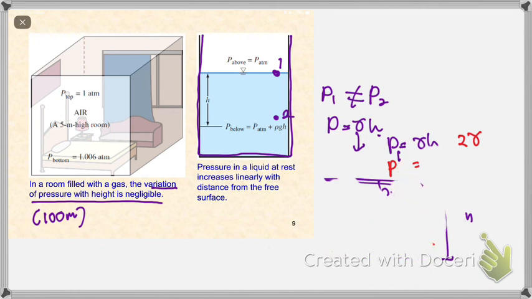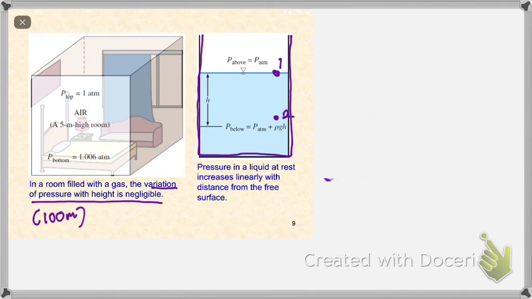But of course that does not apply to a situation where you have a very significant elevation difference. For example, you have a ship, and you are diving deep down the sea.